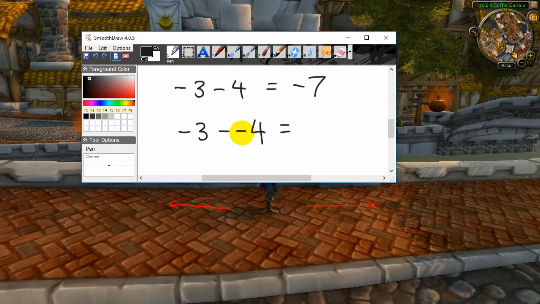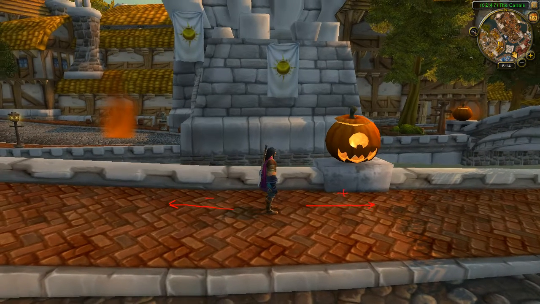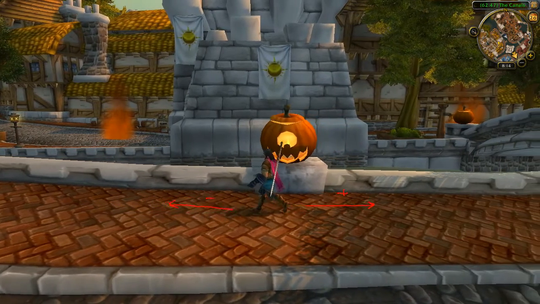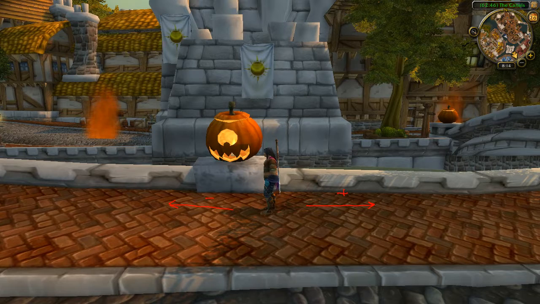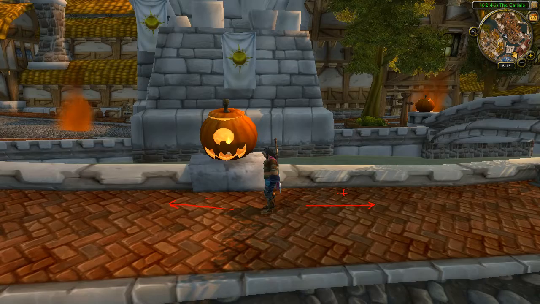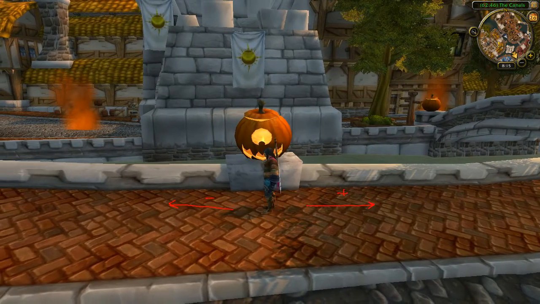But because I have another extra negative there, what that means is I'm going to have to turn around 180 degrees and then go back 4 steps. 1, 2, 3, 4. So where am I standing right now? I am standing 1 step in the positive direction of the pumpkin. Right?